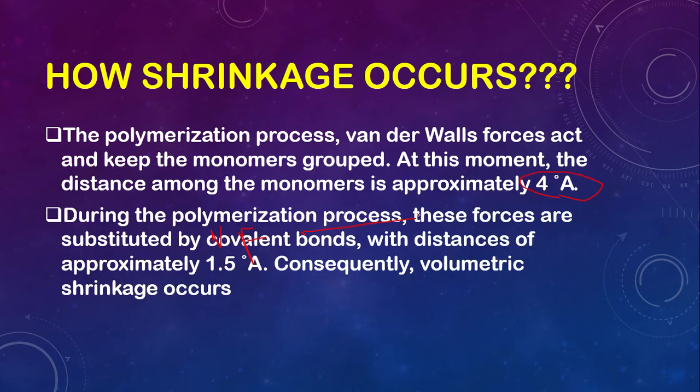But during the polymerization process, these forces are substituted by the covalent bond, which now has a distance of approximately 1.5 angstrom. So consequently, volumetric shrinkage occurs. Generally, it is less than 1% up to 6% depending on the formulation and the curing condition used.